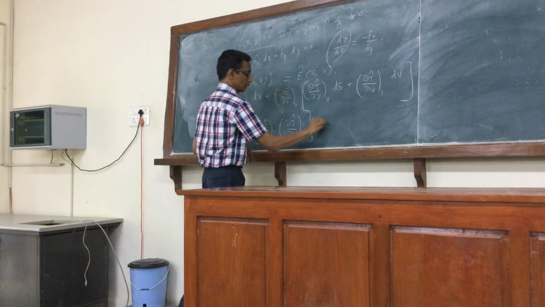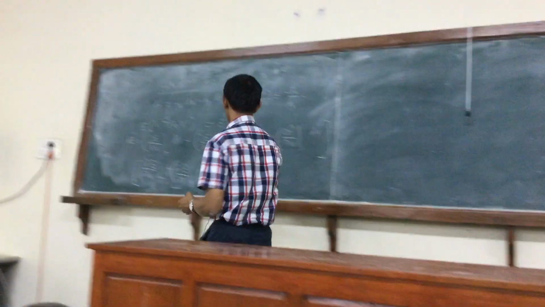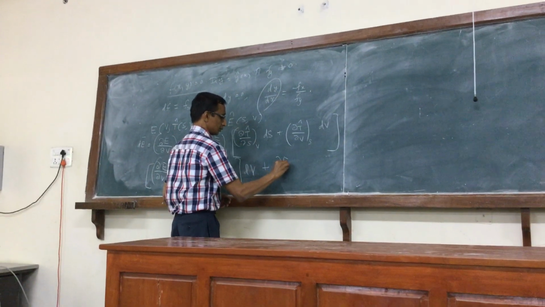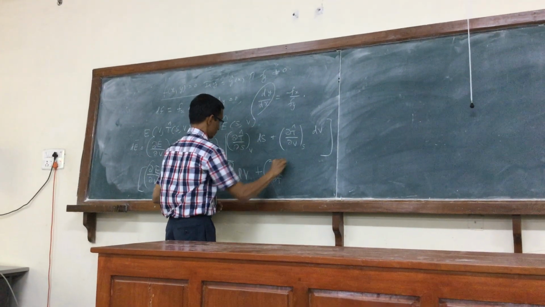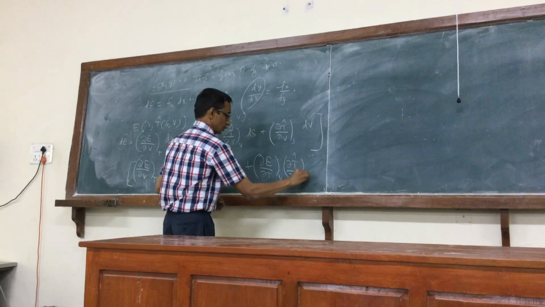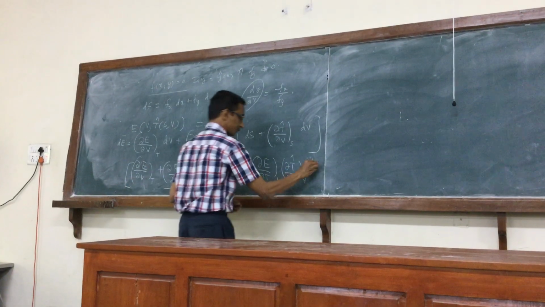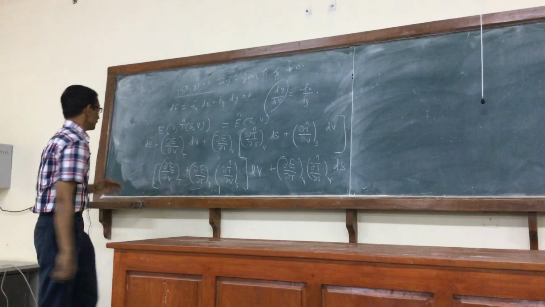That is the coefficient multiplying dV, right? Then I have to write the coefficient multiplying dS. That is simply the coefficient of dS. Now this is to be equated.